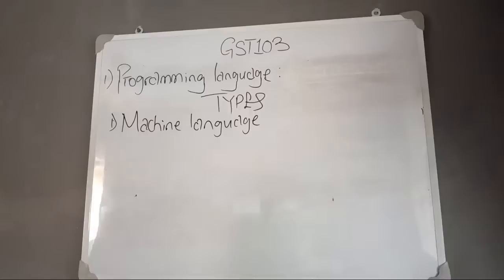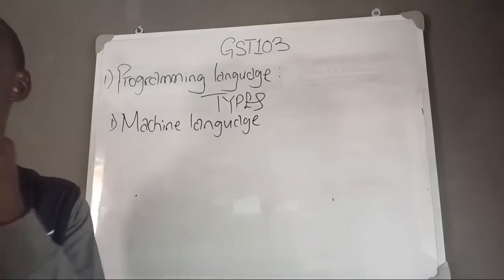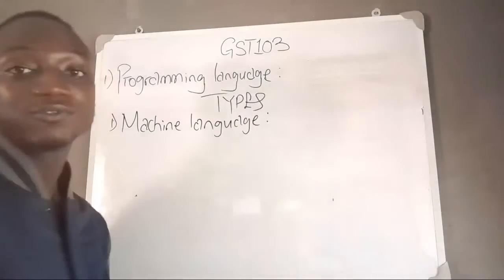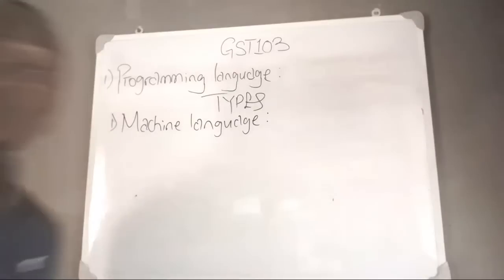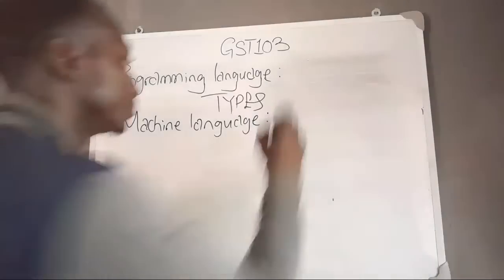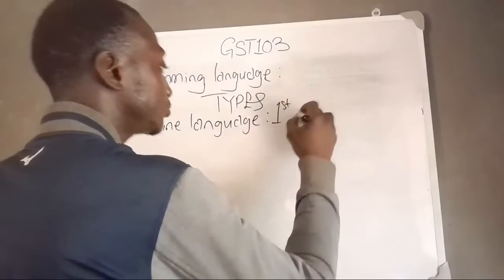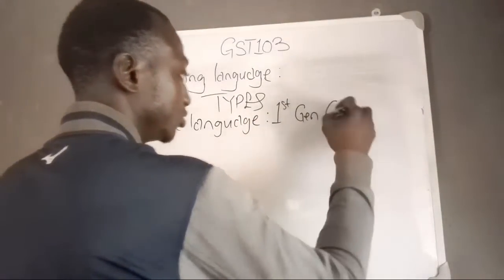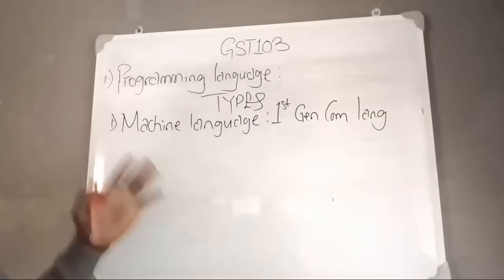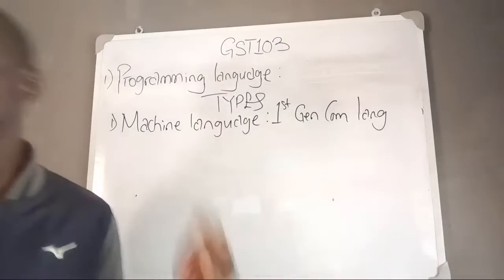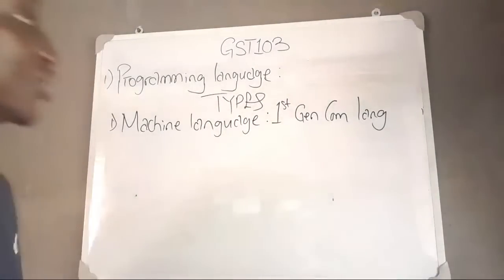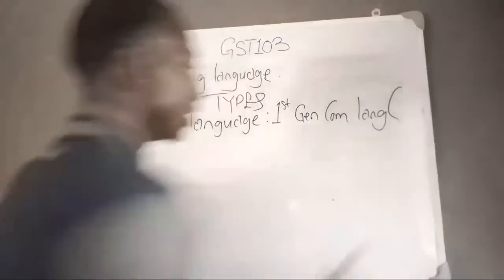Now, machine language happens to be the first generation computer language. So which among all these 4 languages is said to be the first generation computer language? It is called machine language. In short, it is written like this.